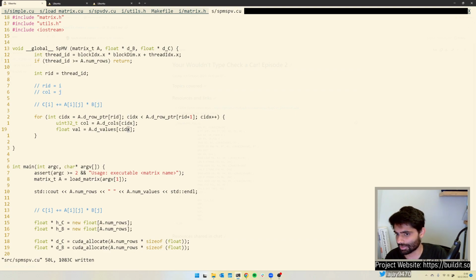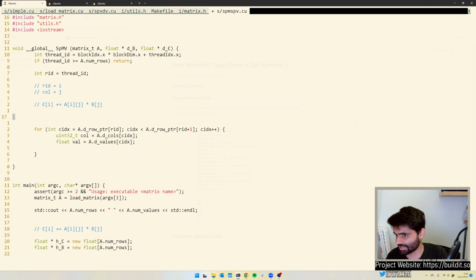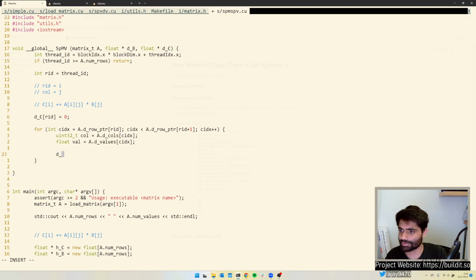Now I just need to do the sum. So first I'm going to initialize it to 0. So I'm just going to say d underscore c of RID equals 0. And then for each one of them, I'm going to say d underscore c of RID plus equals val times d underscore b of col, right?